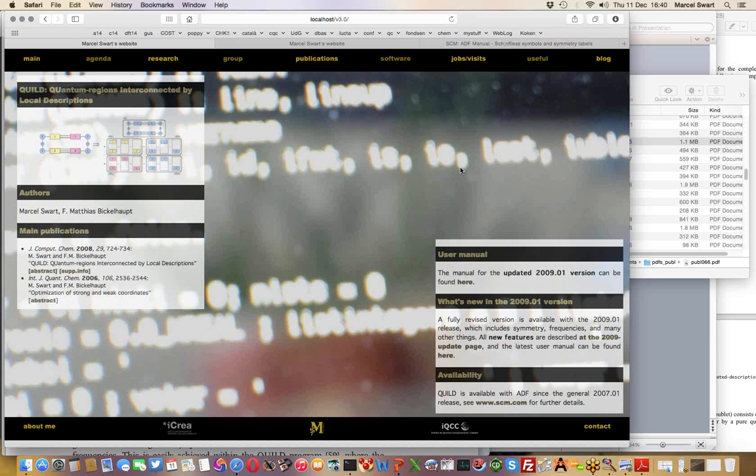And then there was one question related to that. Balu asks whether you can use QUILD for biological systems, so protein-ligand or protein-DNA simulations. Yes, in principle, yes, but again with the same restrictions that you cannot really go to really large systems.